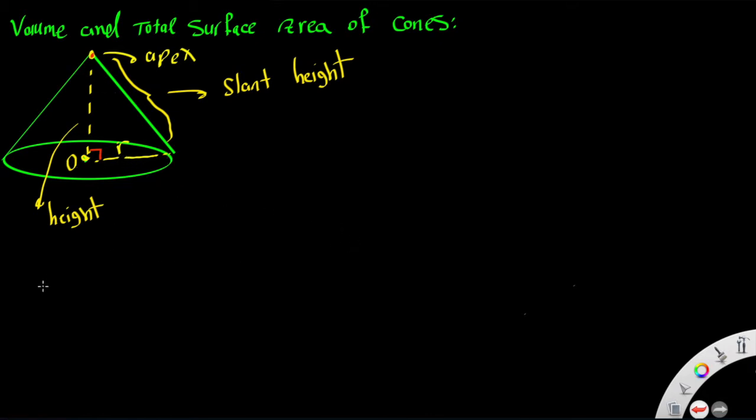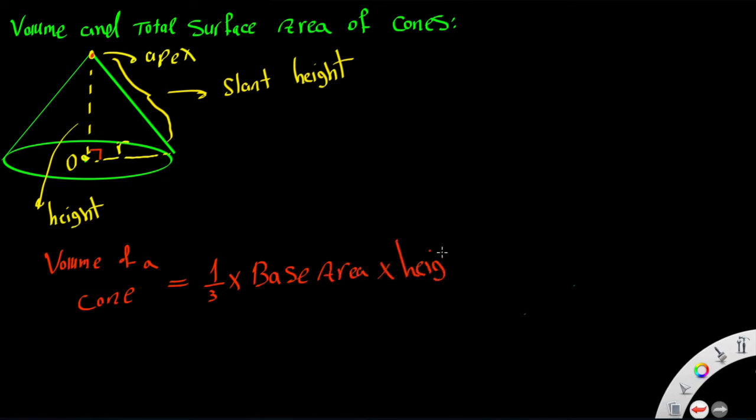Now, the volume of a cone is obtained as follows. A cone is geometrically similar to pyramids, and we learned how to find the volume of pyramids. It was 1/3 times base area times height.